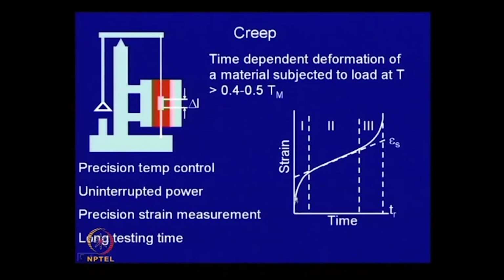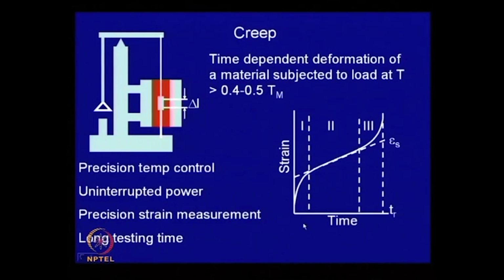This is the stage where the strain rate goes on decreasing. Then you have a region where the strain rate is nearly constant, and before failure takes place, there is local deformation and the strain rate goes on increasing, leading to failure at this particular point.